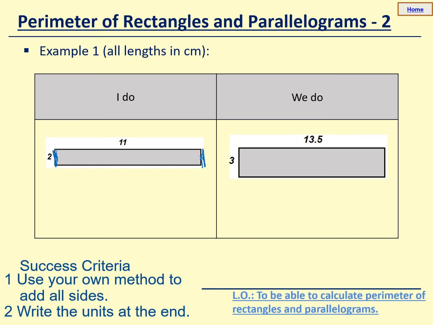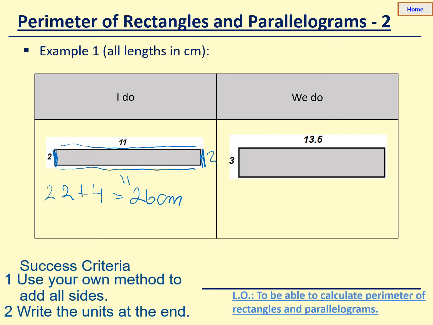So if this is 2, this also must be 2. And also, if this is 11, the opposite, the parallel side, is also 11. So I will use my favorite method, which is 2 times 11, which is 22, plus 2 times 2, which is 4, equals 26 centimeters.